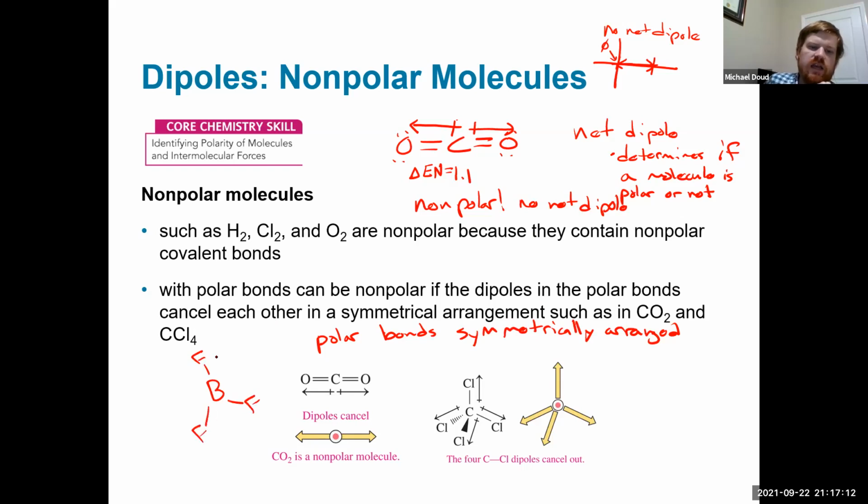BF3 looks like this. If you imagine three people pulling one thing in the middle, they're all equally strong. There's not going to be movement of this thing in the middle. It's much harder to think in 3 dimensions. So I'll just tell you right now, the only 3-dimensional structure that we're going to talk about that has a symmetrical arrangement is the tetrahedron. So if you have each of these 4 corners with equally strong dipoles, that means that you have a net nonpolar molecule.